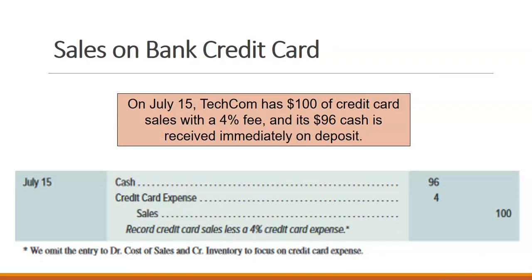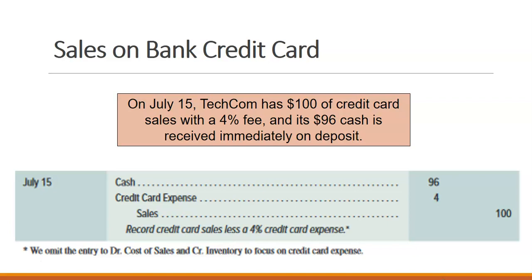If we sell to people who use a bank credit card, so this is a credit card that is used through Visa, MasterCard, Discover, American Express, or our individual bank, whichever bank you're with.